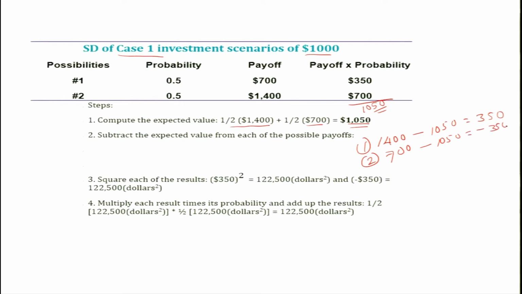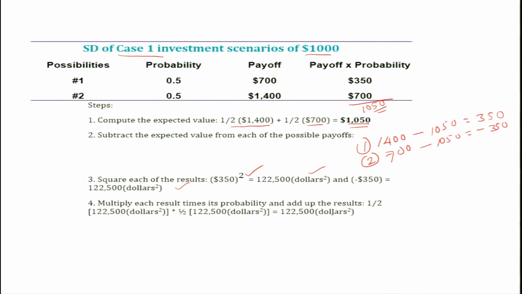minus 350. Then the procedure for calculating SD here is, first the variance calculation: square each of the results, that is 350 squared, so you will be getting this and this. Square each of the results, multiply the results times its probability and add up the results.